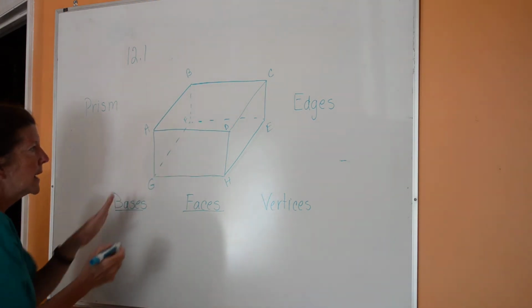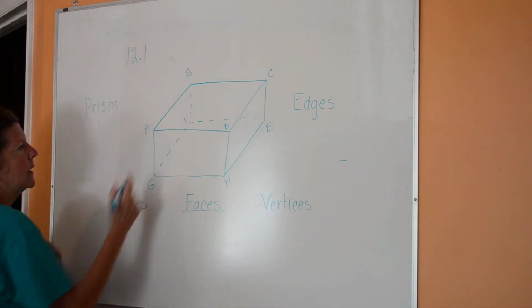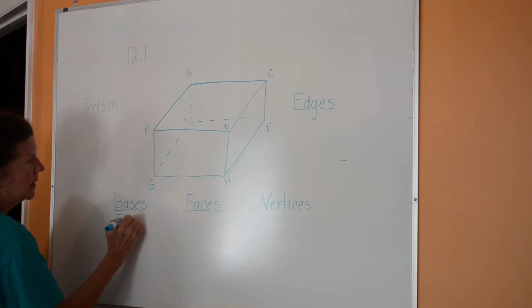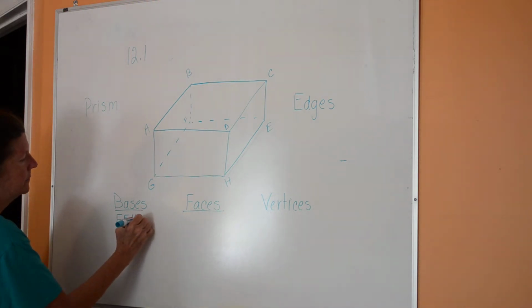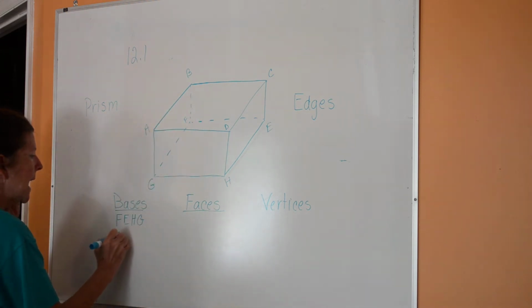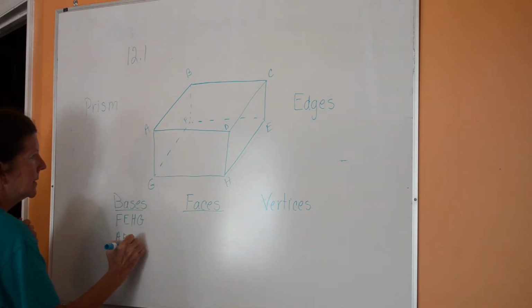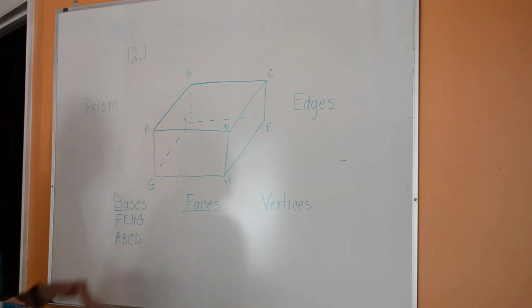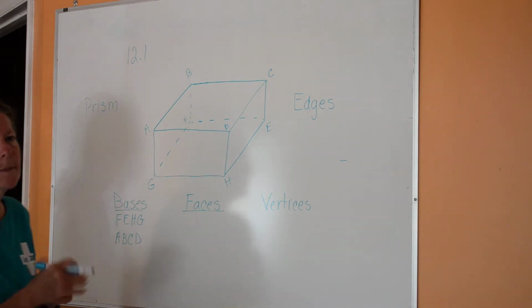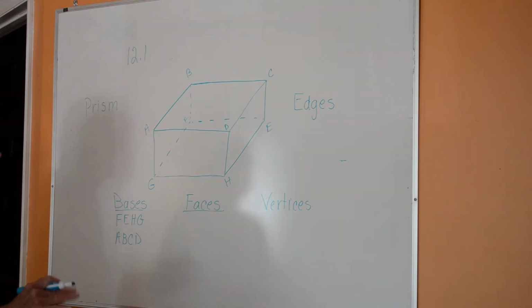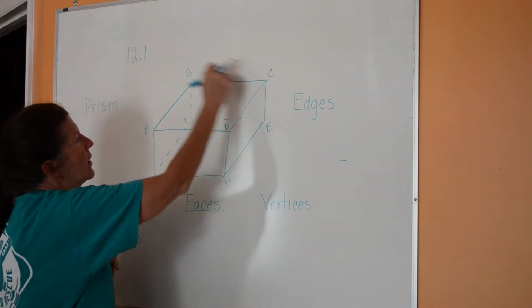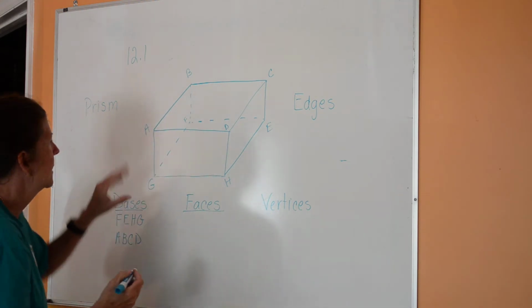If I were to talk about this shape right here on the board, I have a base that's F, E, H, G, which is the bottom. The top is A, B, C, D. Those are my two bases. Technically, there are also faces, because a face is a flat surface. But we would talk about the faces as being all the sides all the way around this.